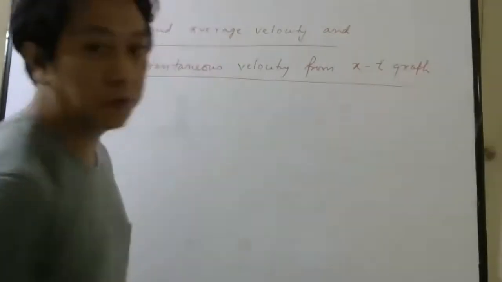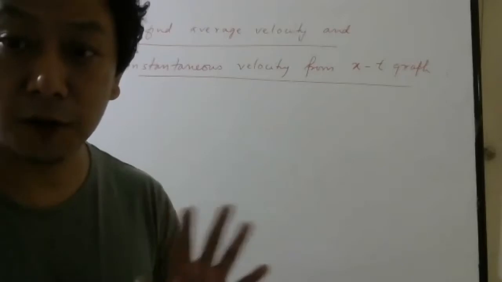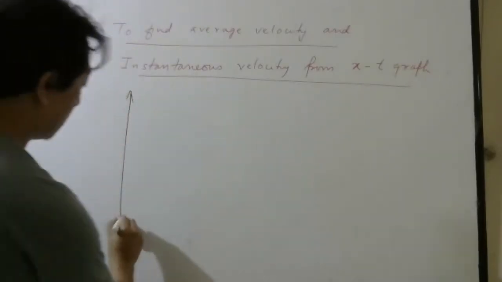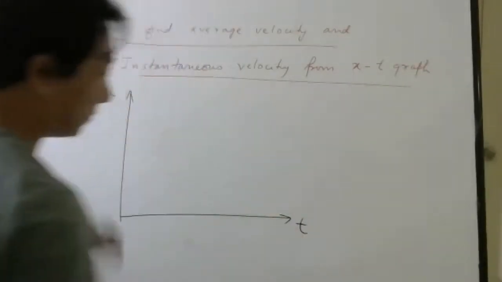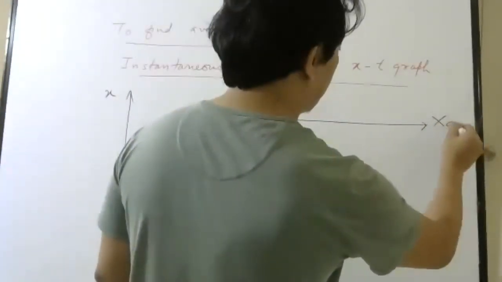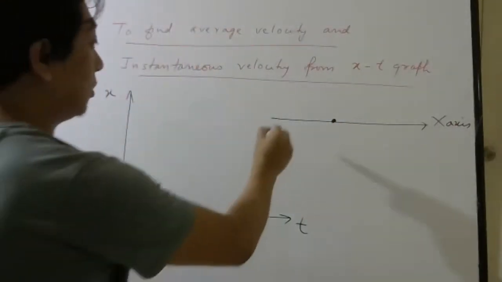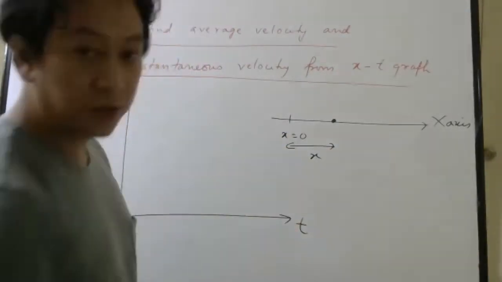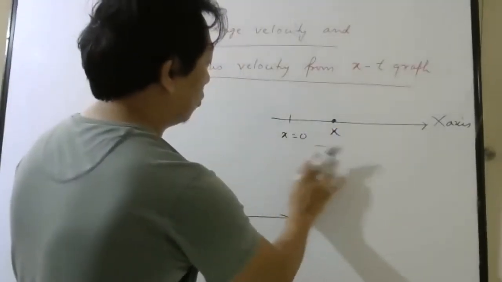So how do we calculate average velocity and instantaneous velocity from the xt graph? Look here, suppose this is your x and this is your t. Imagine this is your x-axis, and there is a body. The body is at some distance x from the origin.